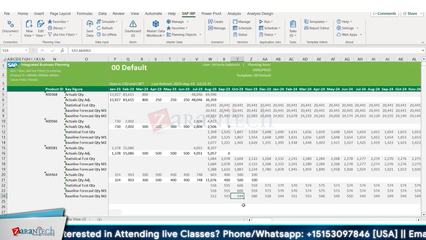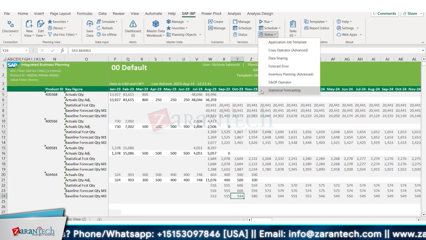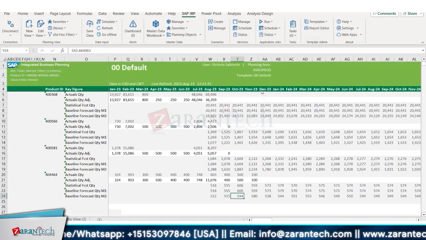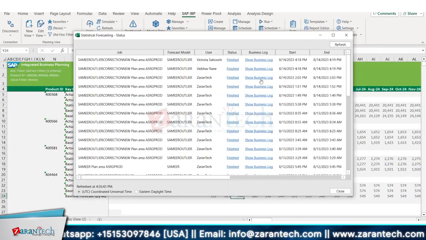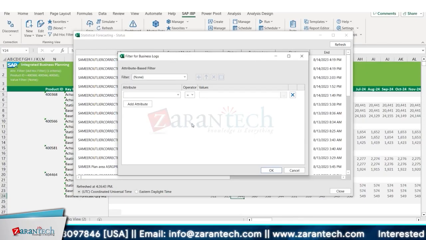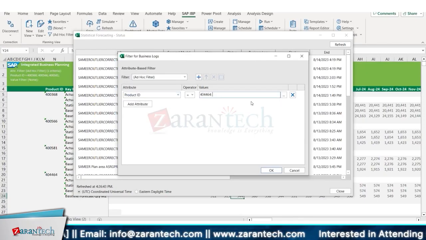Now we want to see why the system has selected M1 and not M2. You can see a schedule tab or status tab below the run tab. Click on the status, then statistical forecasting, click on the first one, the business log. Click on this log and select product ID 404464.